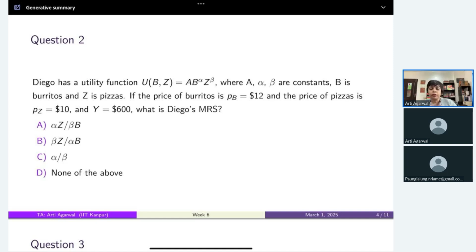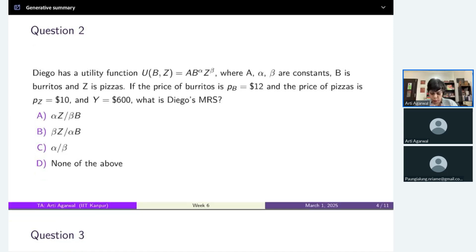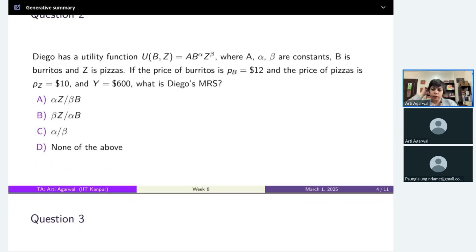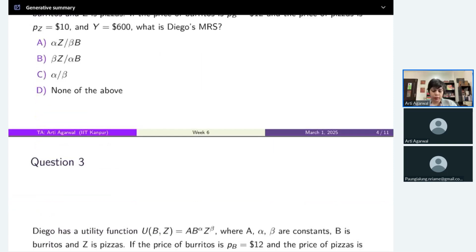Now, if the price of burritos PB is $12 and the price of pizzas PZ is $10, and Y, which means his overall income or budget, is $600, then what is DIGO's MRS? So for now, we are just asked MRS. Is there any other question? Yeah. So the same question, we will have another part to it later on.